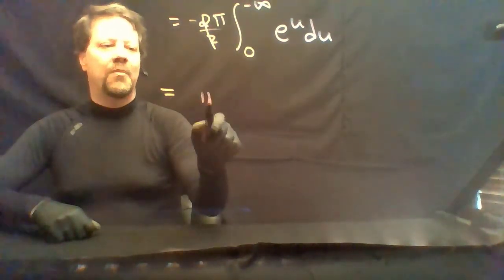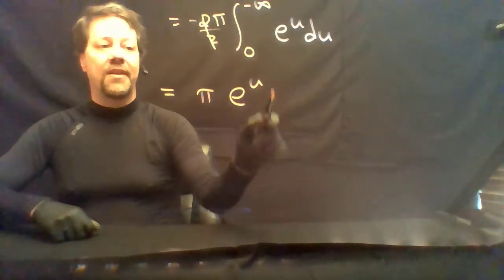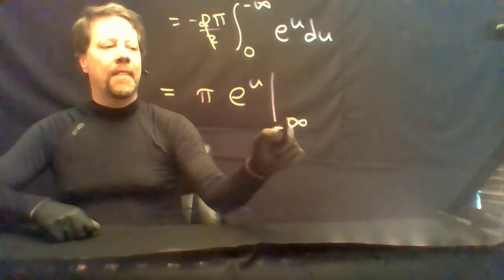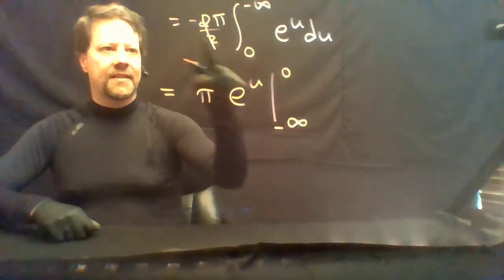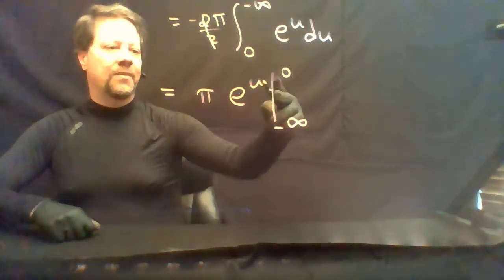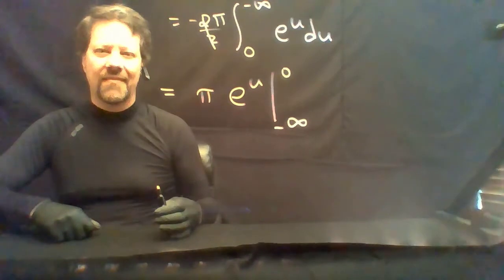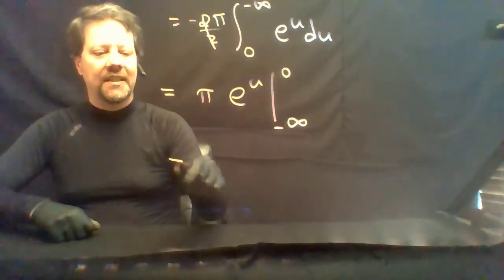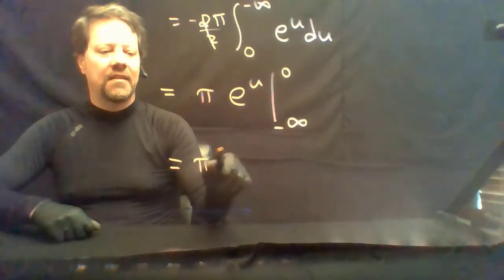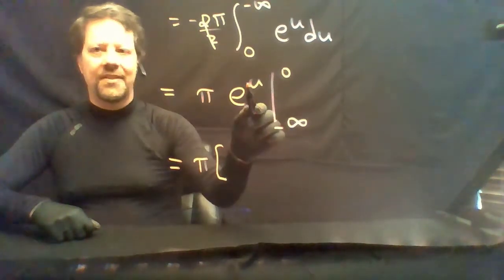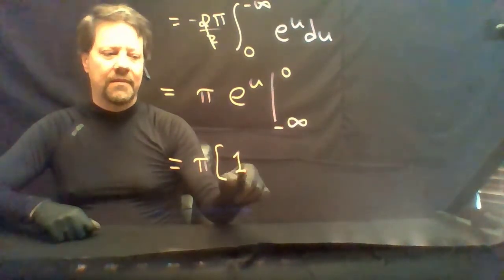We'll have pi, the integral of e to the u is e to the u. Flipping the order of the limits to get rid of the minus, we'll have the evaluation from minus infinity to 0. Now technically there should be a limit going on here. When you plug in 0, e to the 0 is 1.